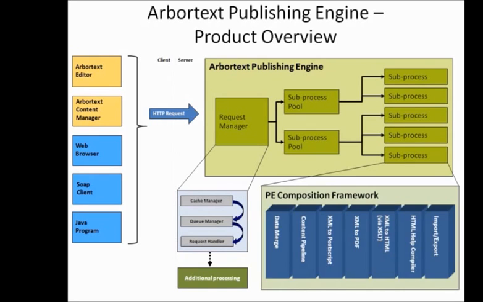The composition framework, a part of Publishing Engine, will contain one or many of the Arbortext products from the suite. So if the request is from Arbortext Editor to paginate an XML file using a certain style sheet through Publishing Engine, it may use APP, and that request would come through to the composition framework, and the various components would be selected, i.e. APP composition.